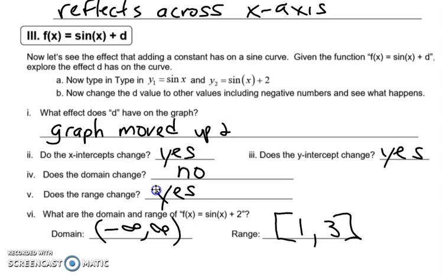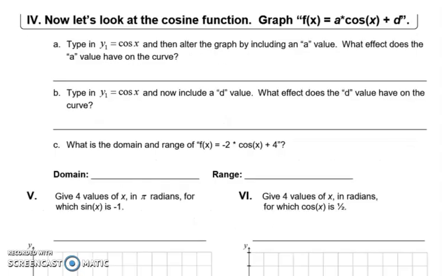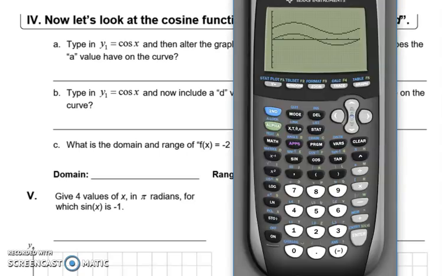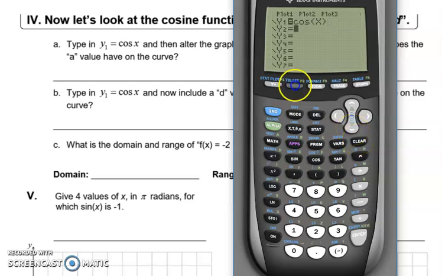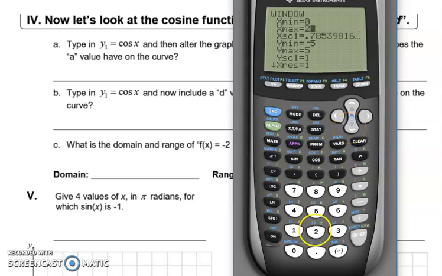Alright, so now let's look at cosine again for a moment. So we'll make y1 cosine x. And we'll clear y2. And let's change our window again to make that x from 0 to 2 pi.